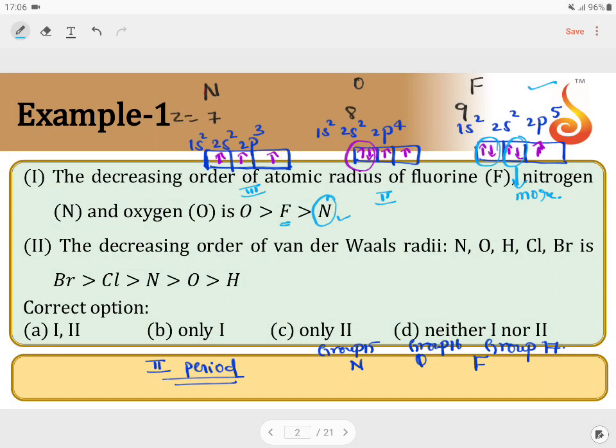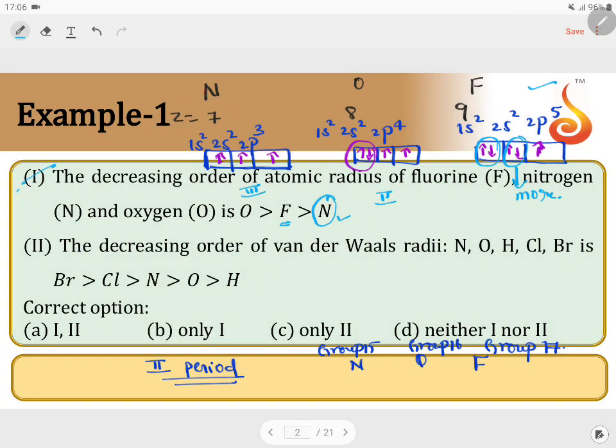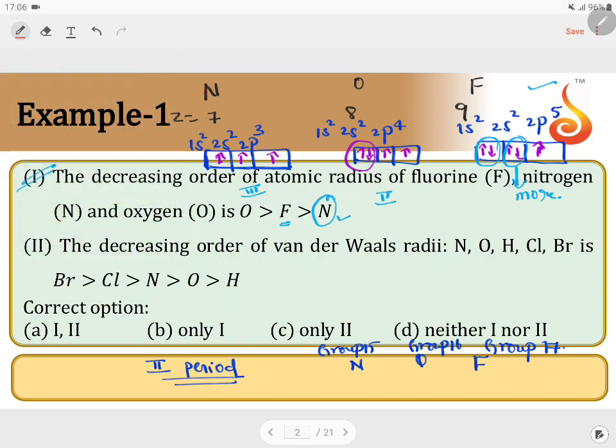Therefore, the first statement is correct. Now, the second statement. The decreasing order of van der Waals radius: nitrogen, oxygen, hydrogen, chlorine, bromine. See, van der Waals radius is between two nonpolar molecules.